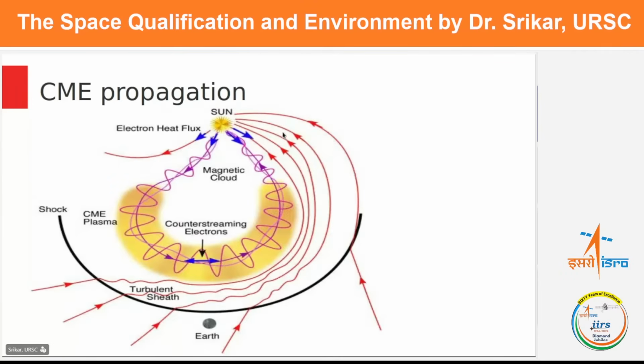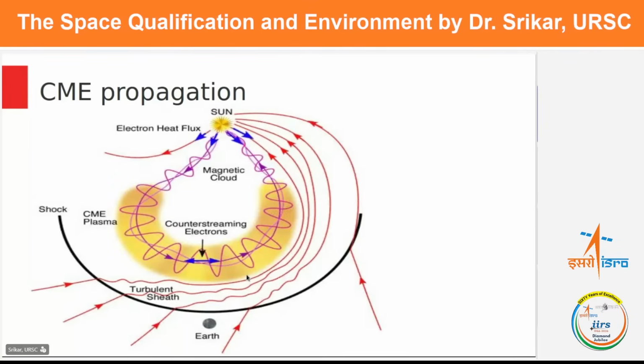So the previous one was a remotely sensed observation through remote sensing instruments. But if you are to measure them in situ, at some point in the heliosphere where you're placing yourself, then you can see that these are huge plasma clouds with proper shock formations and turbulent sheath formations as they push a lot of plasma material and accelerate it into the heliosphere.